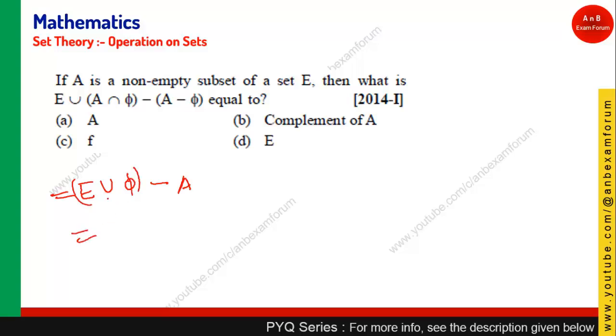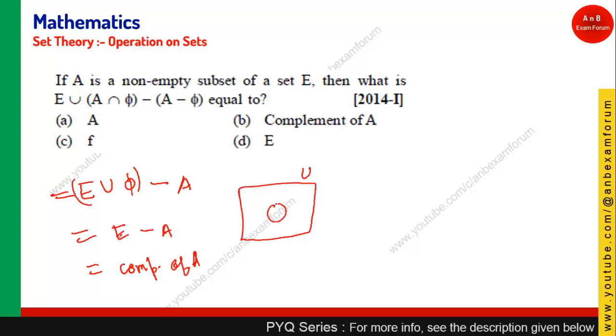So E union phi, anything union with phi, you will have the same set. This is a property we have seen, and you have E minus A. Since E is the universal set, and universal set minus A is, as we have seen in the definition, the complement of A. As I told you in my theory video, if this is a universal set and this is a set A, the remaining portion is the complement of A. So we get the complement of A as the answer.